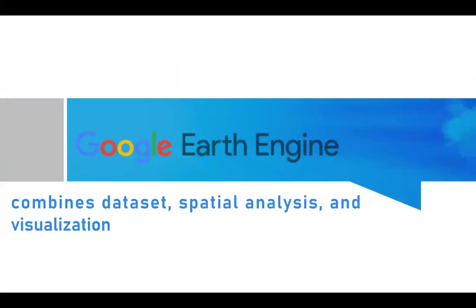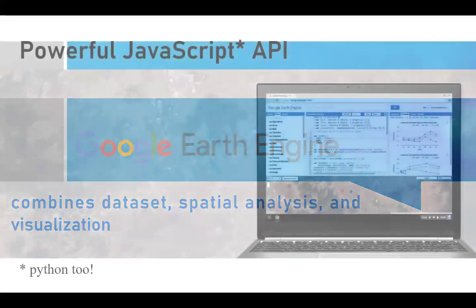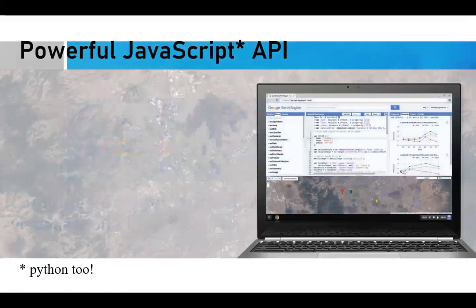Today, the tool that we will use is Google Earth Engine. Google Earth Engine is a free tool. It combines datasets, spatial analysis, and visualization. Google Earth Engine is JavaScript based.